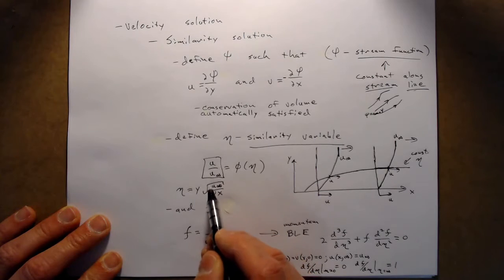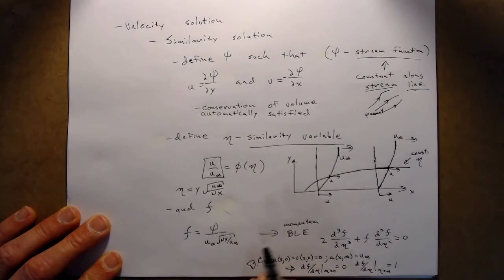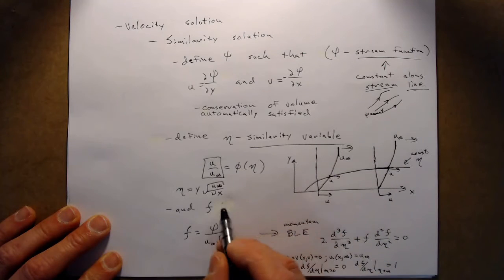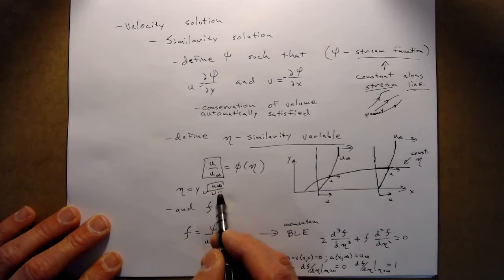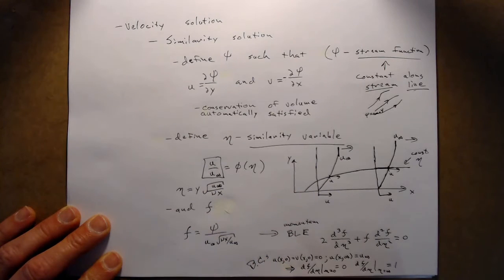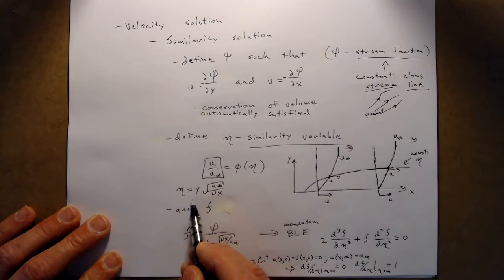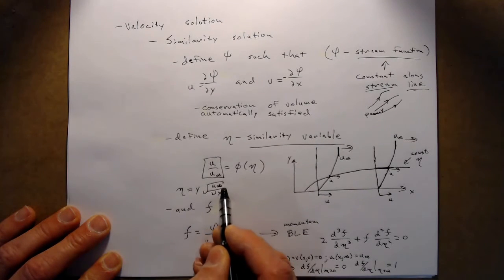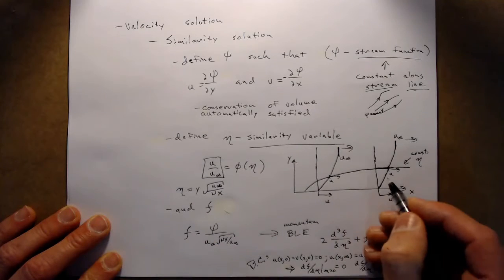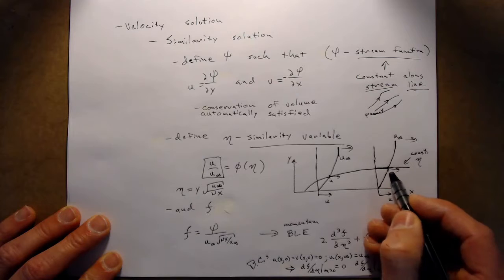And so u over u infinity equals some function of eta. So eta is a combination of both y and x, and the free stream velocity and the kinematic viscosity. But as long as I maintain this combination of variables to have the same value, then I would find that u over u infinity had the same value.